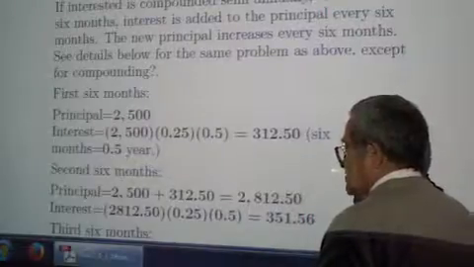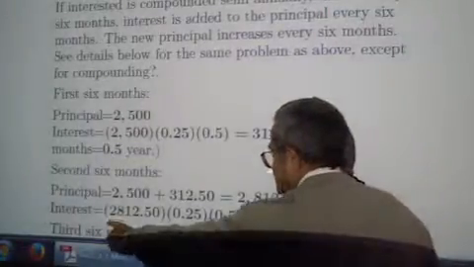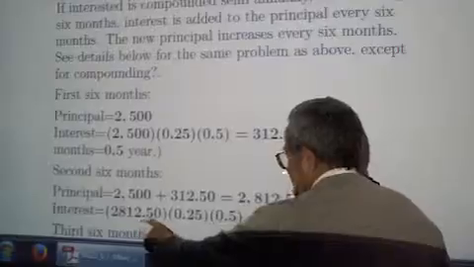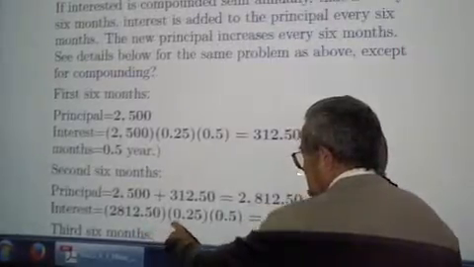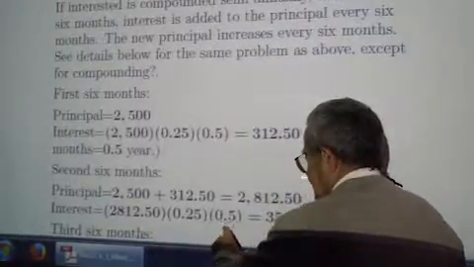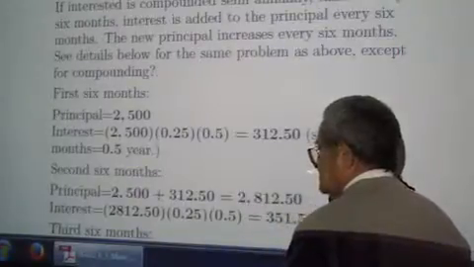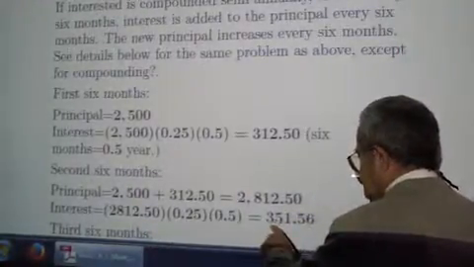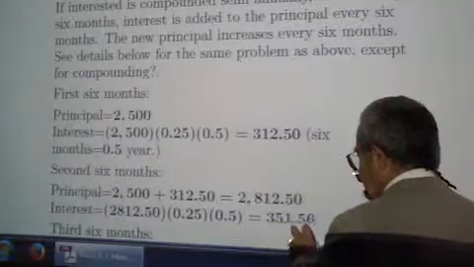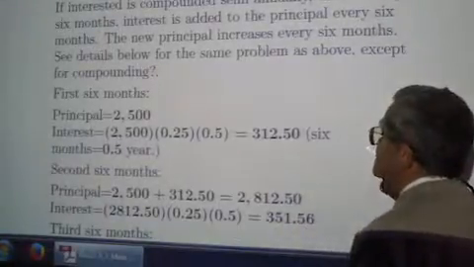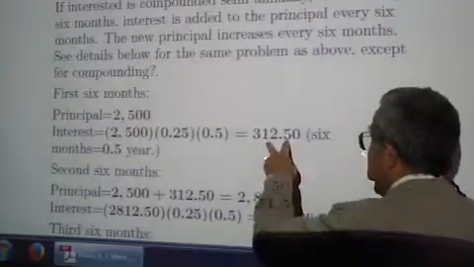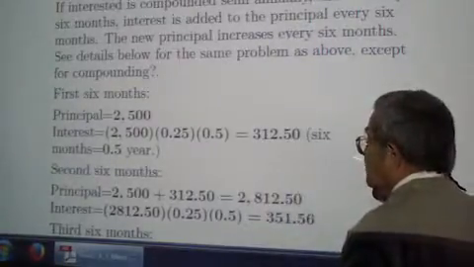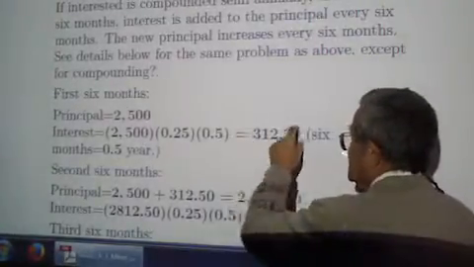And you take interest on that amount, $2,812.50, times 25%, times another 6 months, which is half a year. And when you carry out that multiplication, you're supposed to get $351.56, a little bit more than $312.50. Why more? Because you also pay interest on this amount.